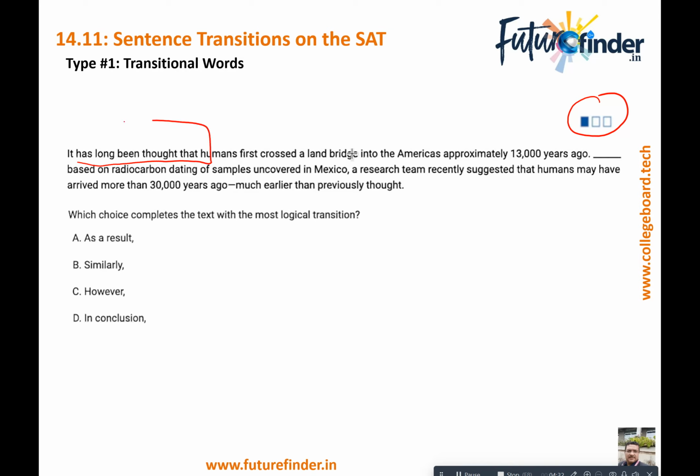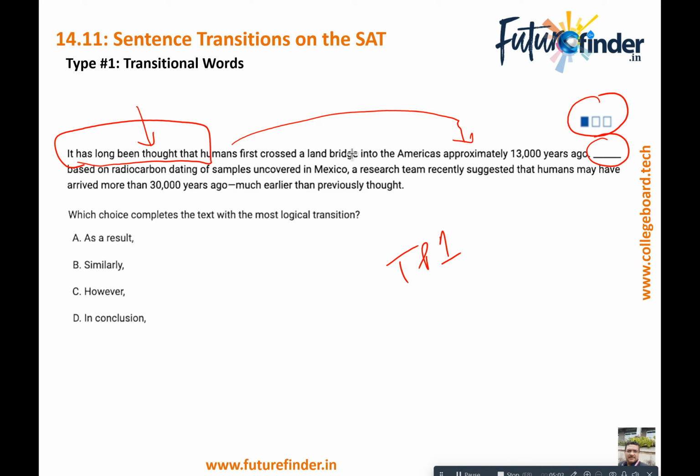I'm quite sure by looking at this part of the sentence that if it has long been thought, then there must be something that has changed. So there is a blank out here. What has long been thought is that humans first crossed a land bridge into the Americas approximately 13,000 years ago. This is thought process one. Has it changed or has it evolved?